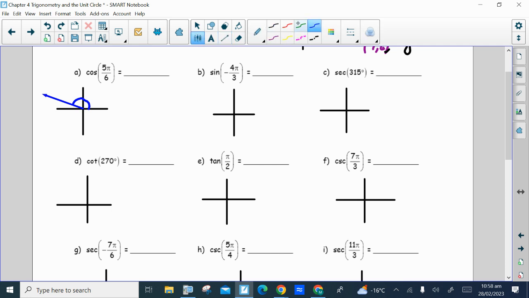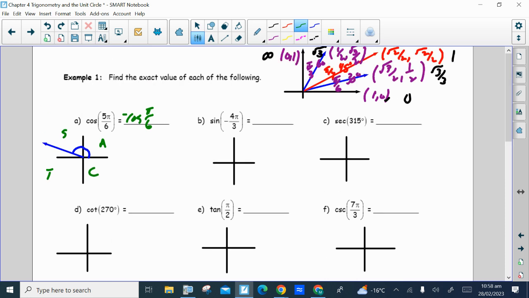Using our CAST rule, this is our S quadrant. Sine is positive. In this case, we're asked for the cosine. So it's going to be the negative cosine, and our reference angle is pi on 6, the same denominator as the rotation angle. And if we look up here, the cosine of pi on 6 is root 3 over 2, but in this case, it's negative root 3 over 2.